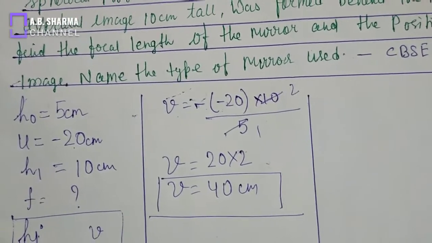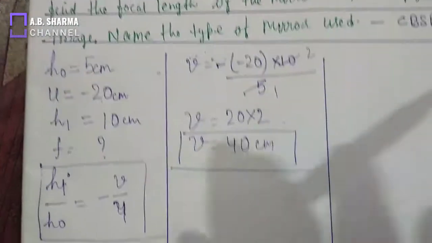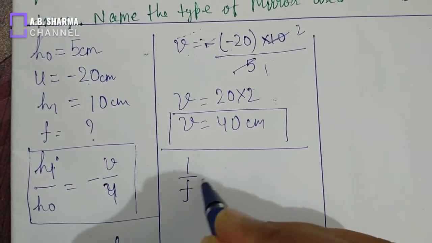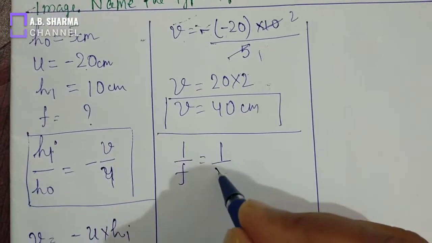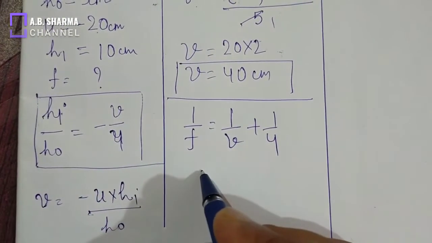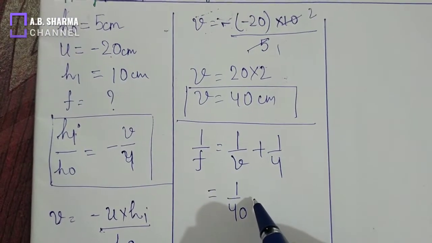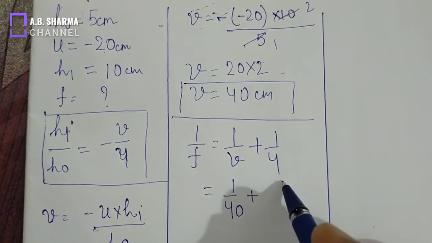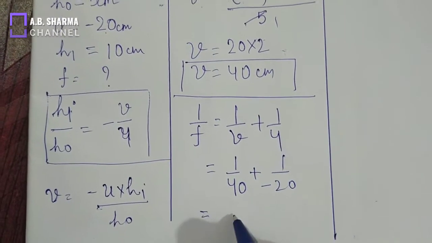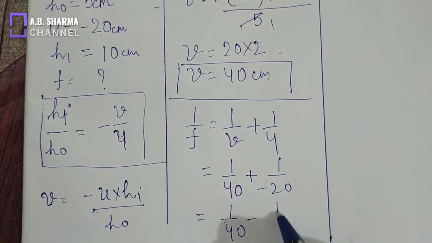Now using the formula with v and u, we can calculate the focal length, which is the demand of the question. So 1 over f equals to 1 over v plus 1 over u. By putting the values, 1 over 40 plus 1 over minus 20, and this becomes 1 over 40 minus 1 over 20.